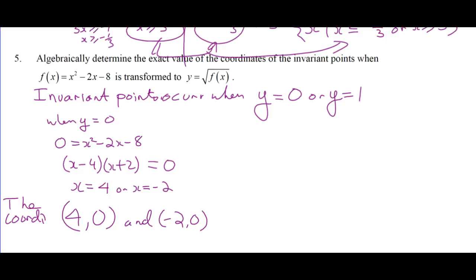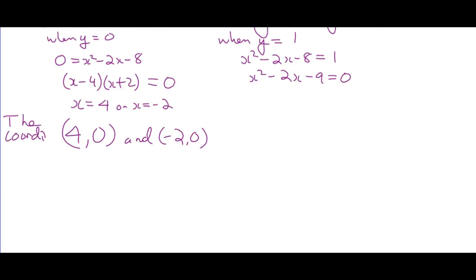And then we say when y equals 1. So then we get x squared minus 2x minus 8 is equal to 1. And this is not going to factor, which means that we have to do what? Quadratic formula.